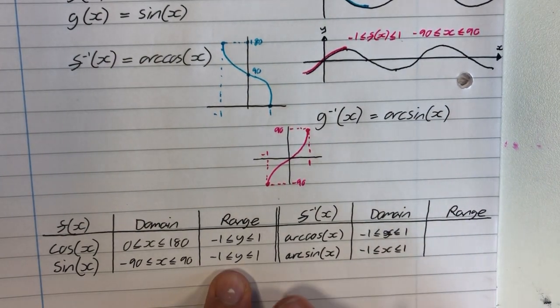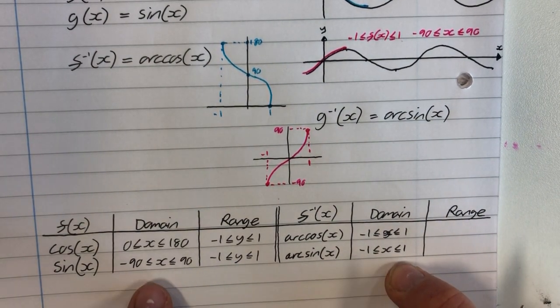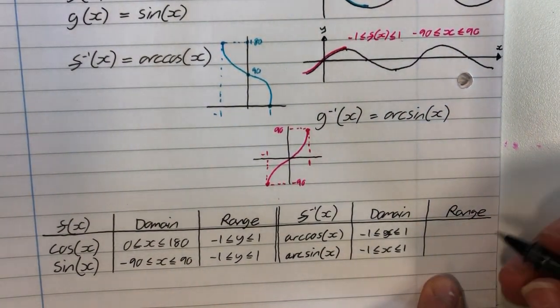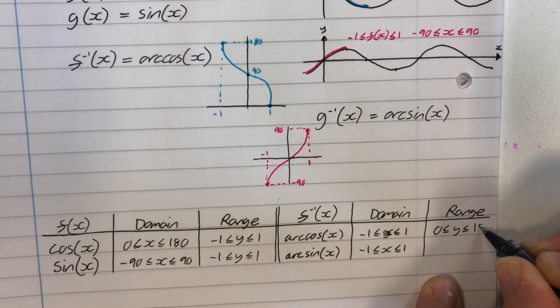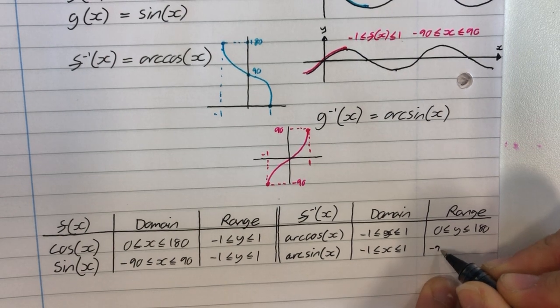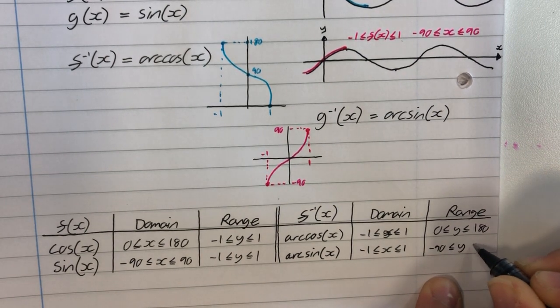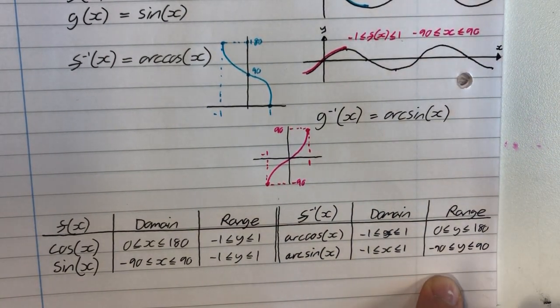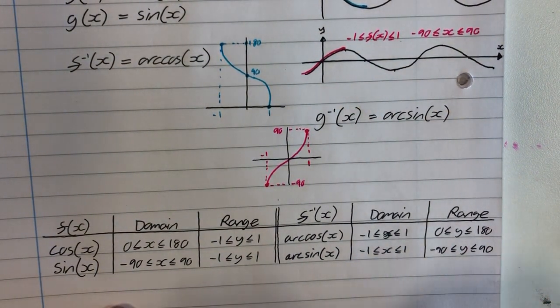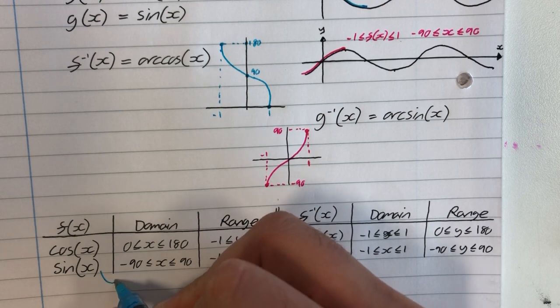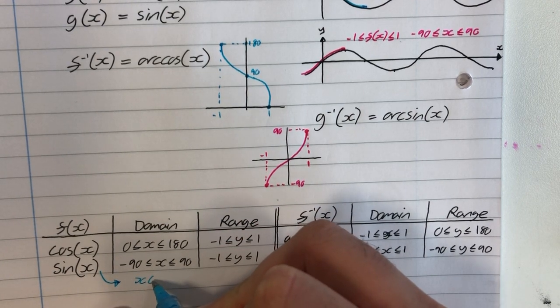Okay, so what was the range is now the domain, and now what was the domain is now the range. So it's between 0 and 180, and that's between -90 and 90. Of course, if you were asked to state the domain of sine itself, the domain is actually any x.